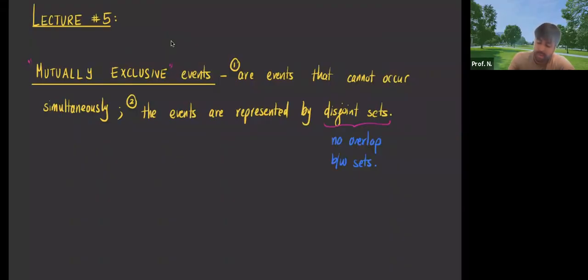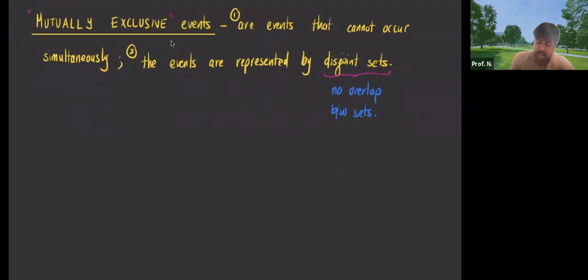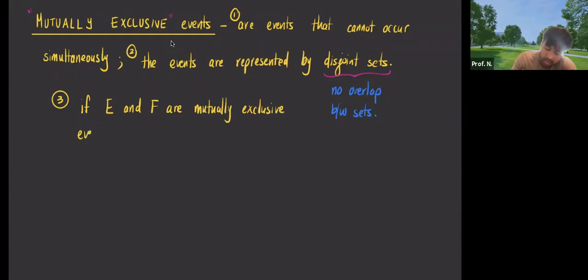So this is where we say no overlap between sets can be represented by a third way, which is more of the mathematical notation: if E and F are mutually exclusive sets or mutually exclusive events, then E intersect F. Each of these definitions means the same thing, but they're seen from a different perspective.